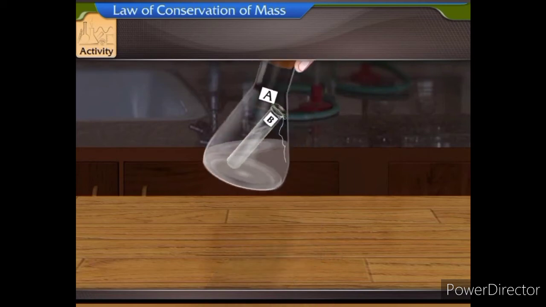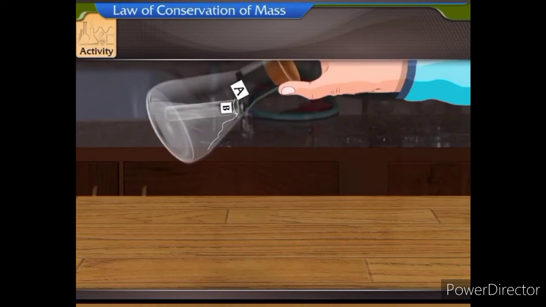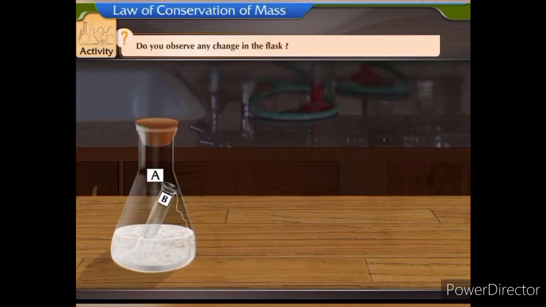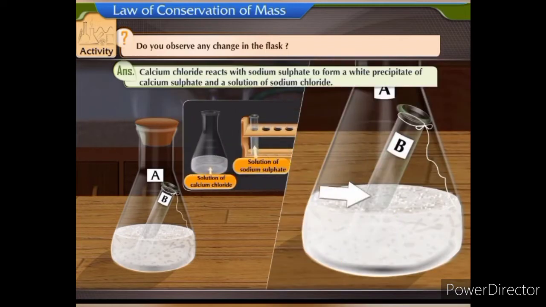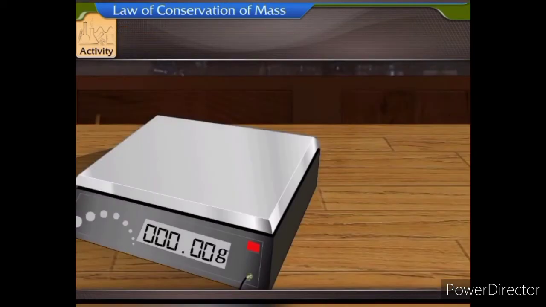300.23 grams. Now tilt the flask and allow the contents of the test tube to come in contact with the contents of the flask. Do you observe any change in the flask? Yes. Calcium chloride reacts with sodium sulfate to form a white precipitate of calcium sulfate and a solution of sodium chloride.